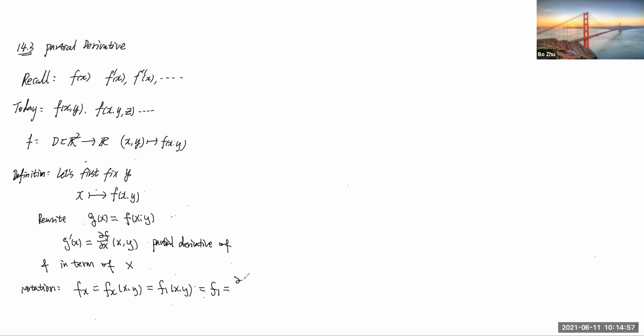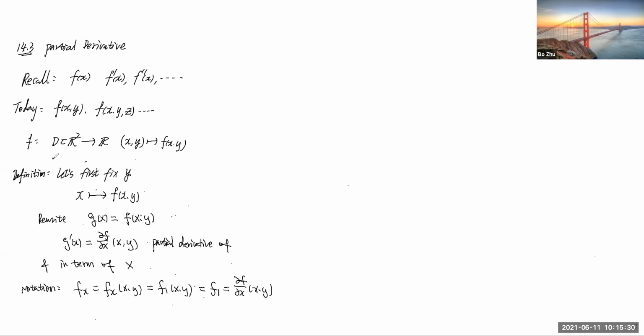This is partial x of (x, y). If you look at a different textbook, they may use different notation. You may say, why do you write f_1? Because x is the first component. It's just the convention. Don't ask me why, because there is no reason, just a convention. In the future, people write any of them, and you have to understand what they mean by that. So this is called the partial derivative in terms of x.